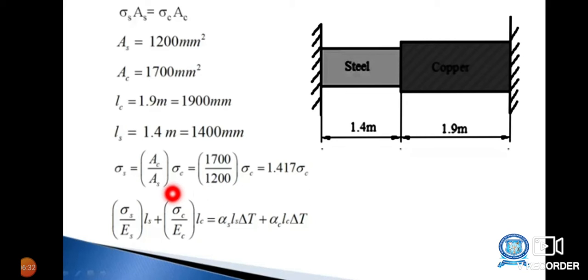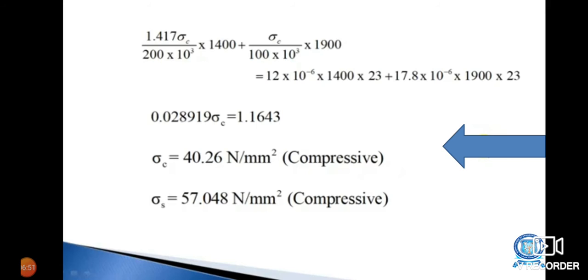Once again I will read the formula. Sigma s divided by E s into L s plus sigma c divided by E c into L c is equal to alpha s L s delta T plus alpha c L c delta T.